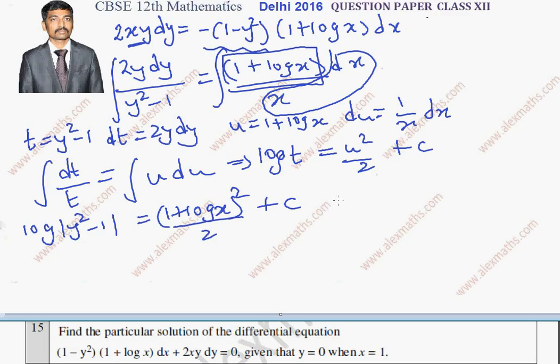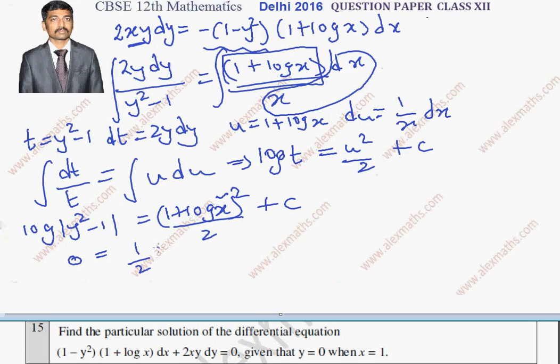The given condition we have to use to find the value of c, which is y is equal to 0 and x equal to 1. When y is 0, I will get log of minus 1 because it is inside the mod. So anyway it is log 1, which is 0, equal to 1. Log 1 is again 0 when I substitute x value here.